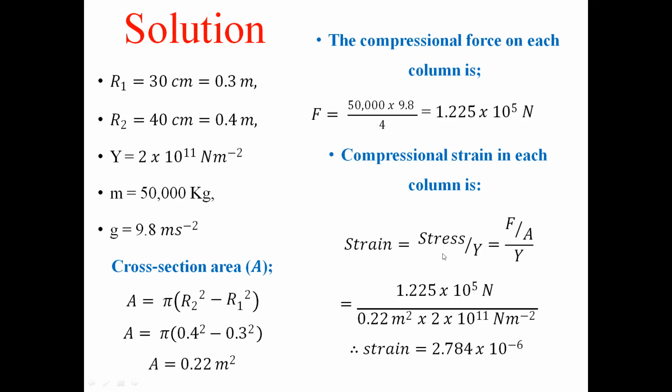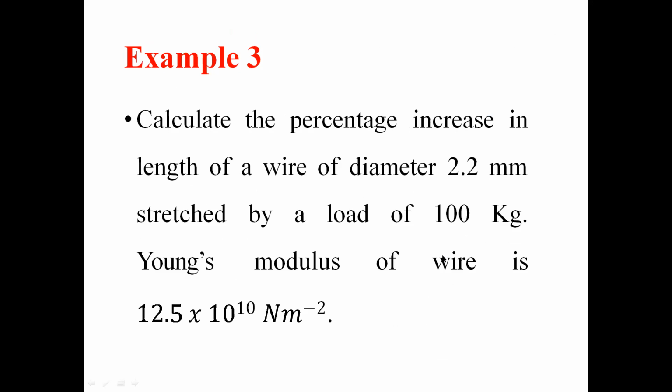Another example, example 3 problem. Calculate the percentage increase in length of a wire of diameter 2.2 mm stretched by a load of 100 kg. Young's modulus of the wire is 12.5 into 10 to the power of 10 Newton per meter square.